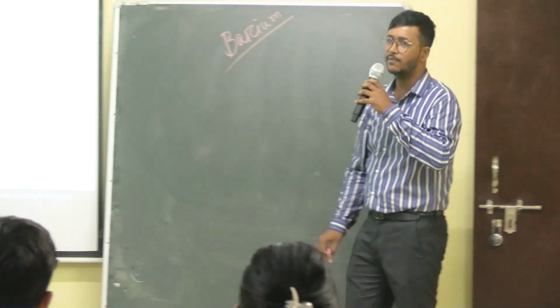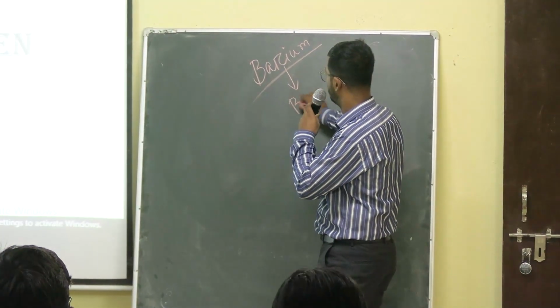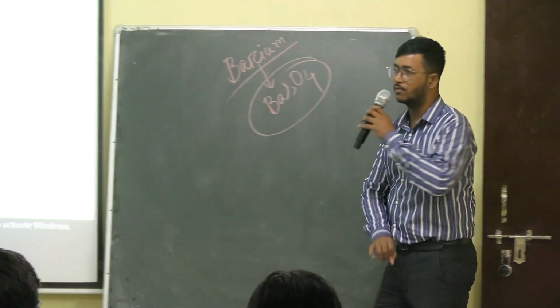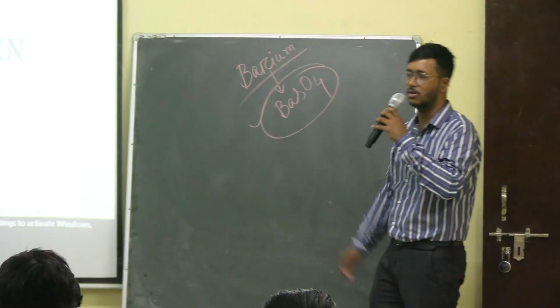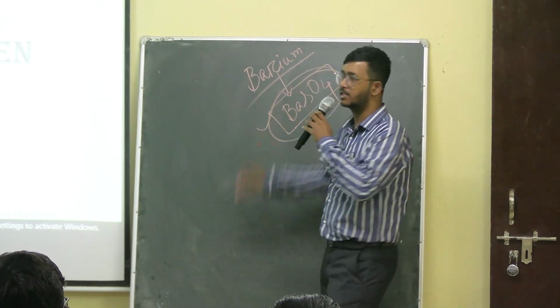Now, barium itself is very toxic, so we convert it into barium sulfate. What is the advantage of this barium sulfate? This barium sulfate is not absorbed in our body, it is filtered out of our body. But it is a radio-opaque substance.